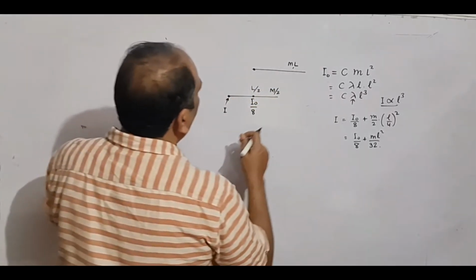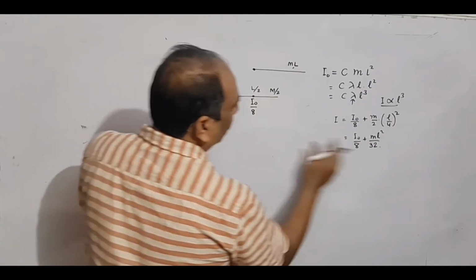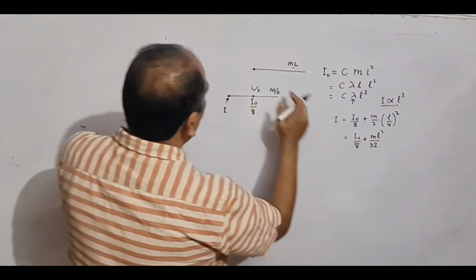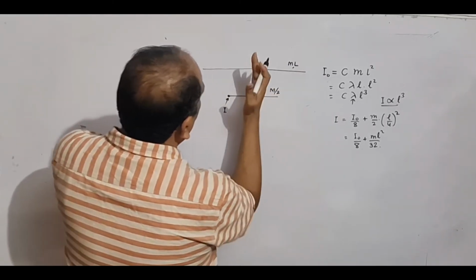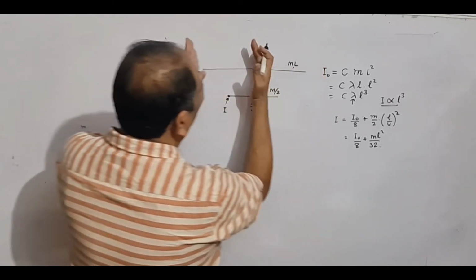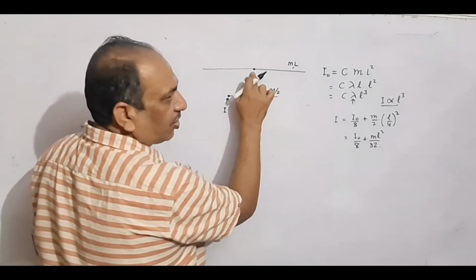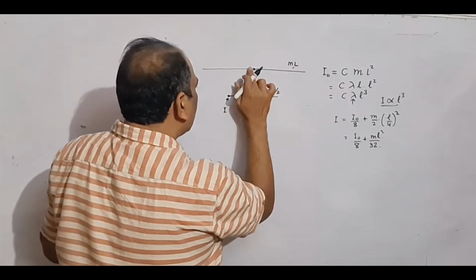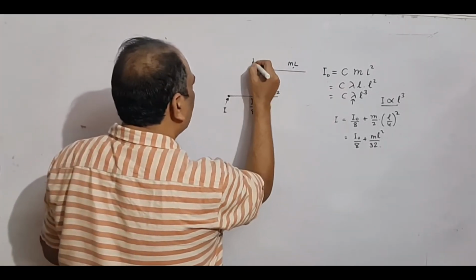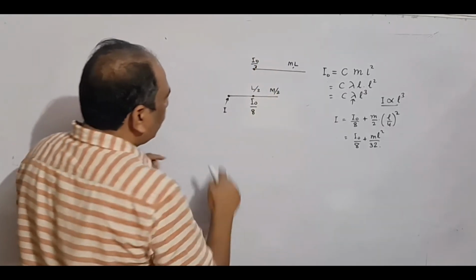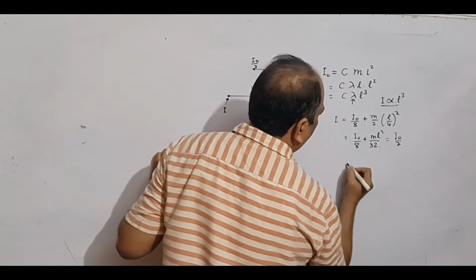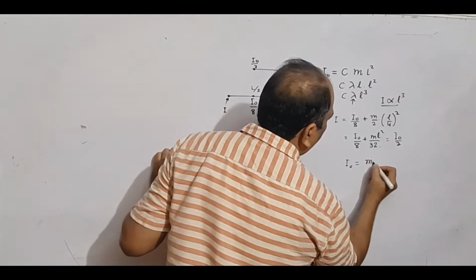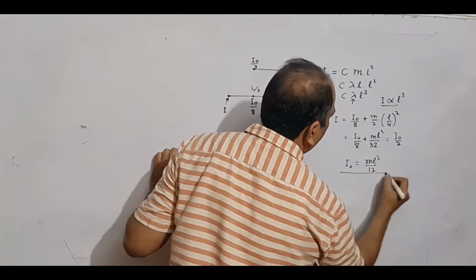So the moment of inertia I which we have found here is actually half of the moment of inertia of the original rod, because the two parts have equal contribution in making the total moment of inertia, which was I0. So half of the rod will make I0 by 2. Therefore this I should be equal to I0 by 2, and if you solve for I0, you get mL square by 12.